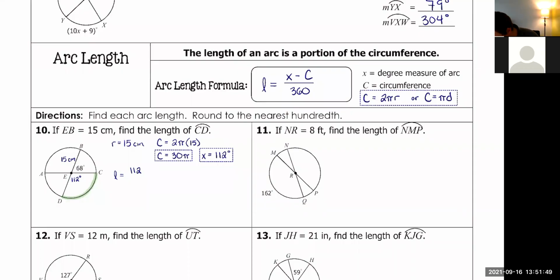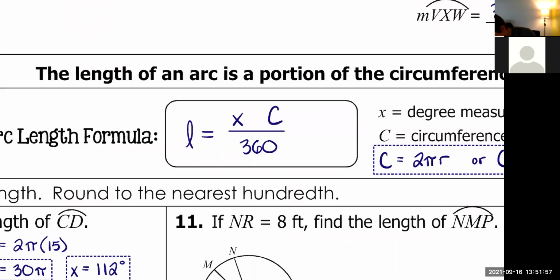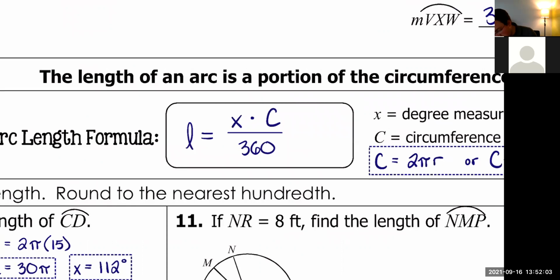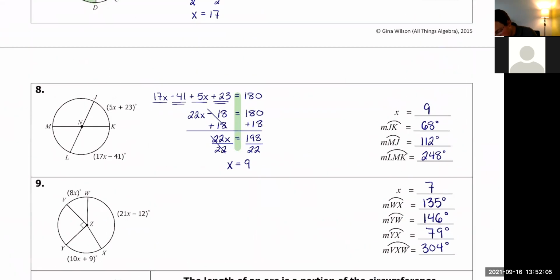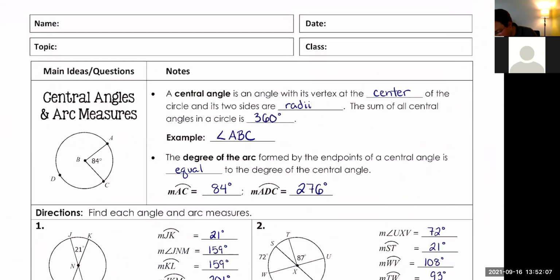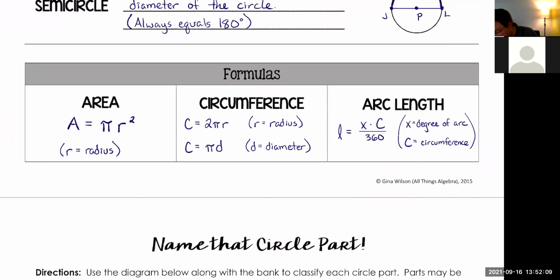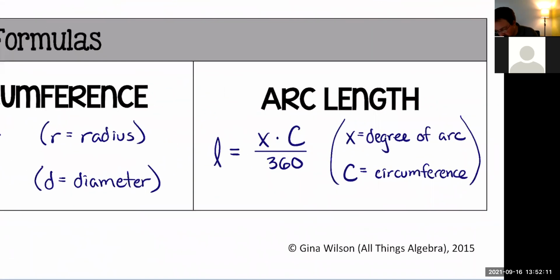So upon further investigation, my arc length formula is wrong. It should not be x minus c, it should be x times c, which means, whew, it's gonna really screw people up watching the video. Going all the way back to here, oh.